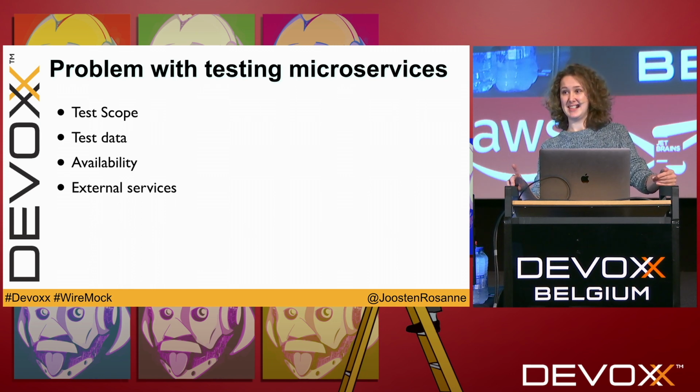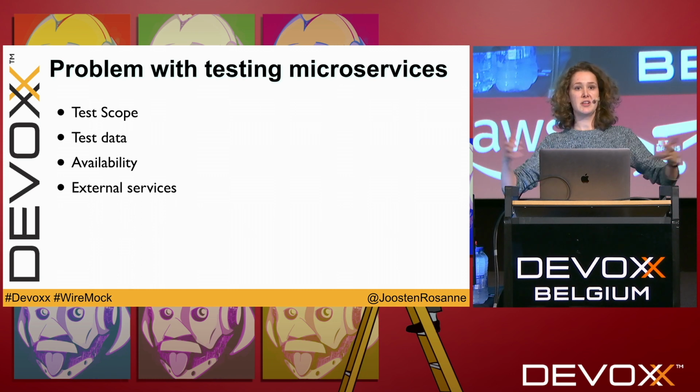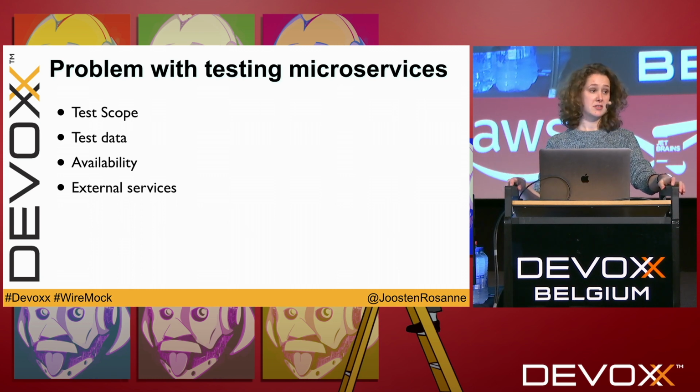Another problem is the test data. Often we have these personalized applications where you have a user with a user ID, and this user has to be known in the entire system. And sometimes it's difficult to get the test data in every microservice aligned and corresponding with each other.